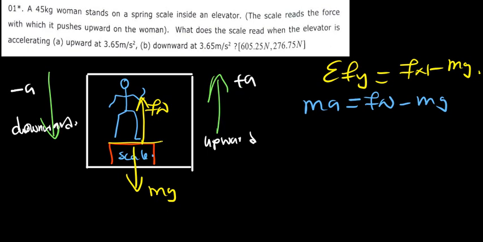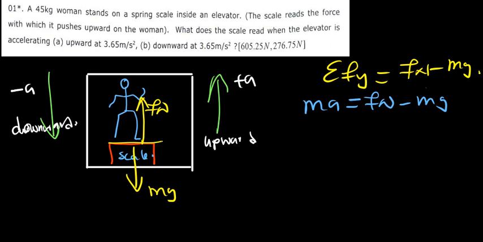Therefore, you are supposed to make the normal force the subject of the formula. As long as you hear elevator, the scale will always read the normal force. So you need to make the normal force the subject of the formula.